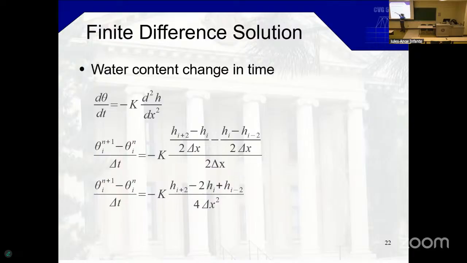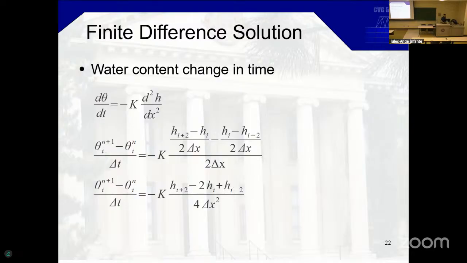And I have the difference in theta over delta t is equal to the difference in my gradients. My gradients are between i plus 2 and i minus 2, and the two are over 2 delta x. So if I take the common denominator, I have 4 delta x squared. And I have a term in terms of h(i+2) minus 2h(i) plus h(i-2). And that looks nice.